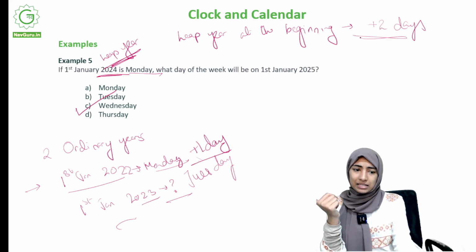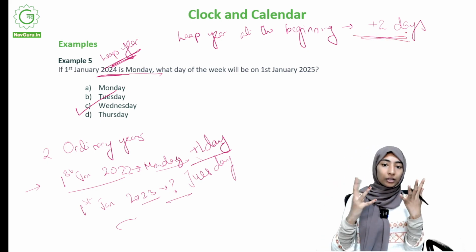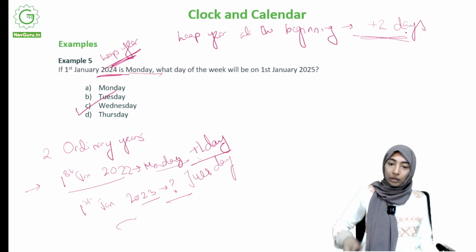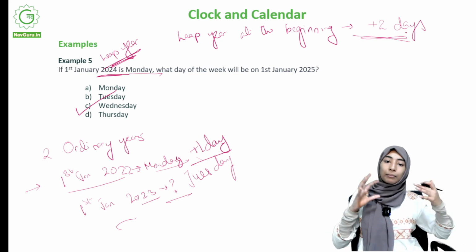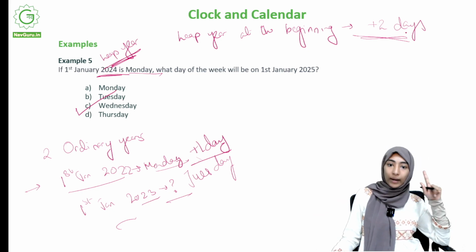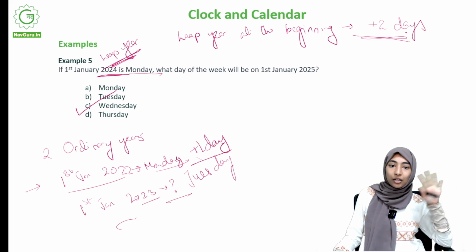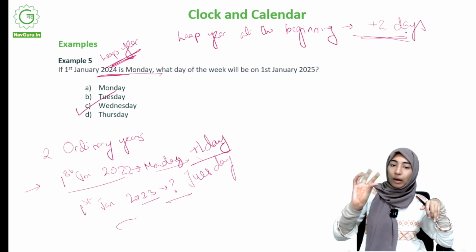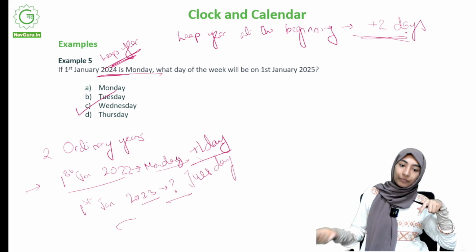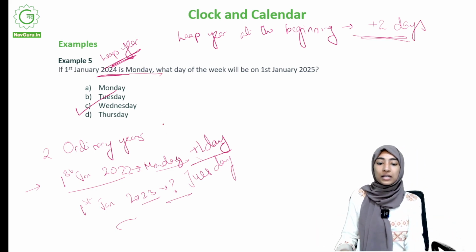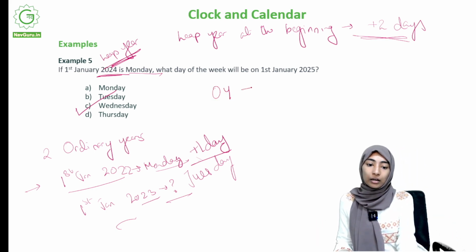How do you get this? Basically, the logic is very simple. What is special about a leap year when you compare it with an ordinary year? You have one extra day, right? That is literally the only specialty a leap year has. So from ordinary year to ordinary year, it is plus 1 day. When this ordinary year becomes a leap year, what is a leap year?